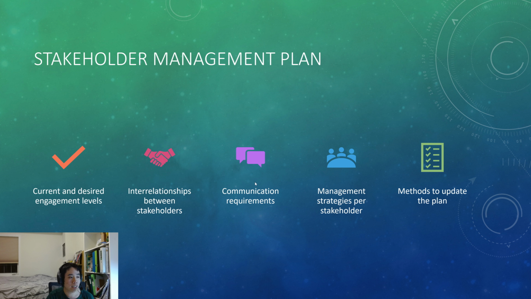And then you may also consider how they want to be communicated with, what they need to know, and draft out a strategy per stakeholder. And finally, you also need to think about how you're going to update the plan so that when things change, you won't be negatively impacted by that.